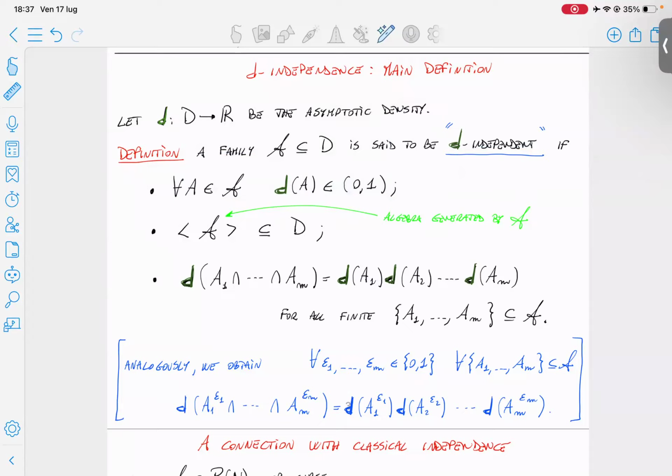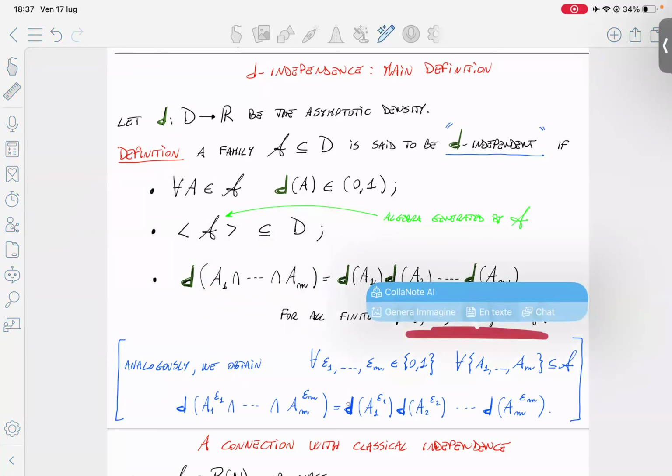It is neither 0 nor 1. Second, the algebra generated by the family calligraphic A has all its elements with asymptotic density. And third, the property that we expect: the density of the intersection is equal to the product of the densities for all finite subfamilies of the original family A.